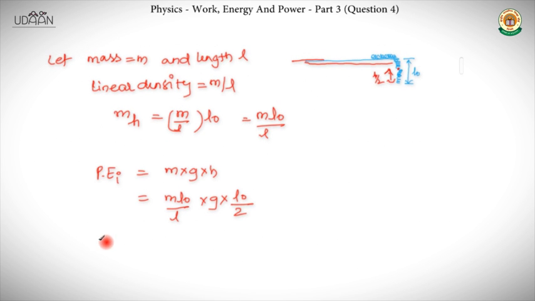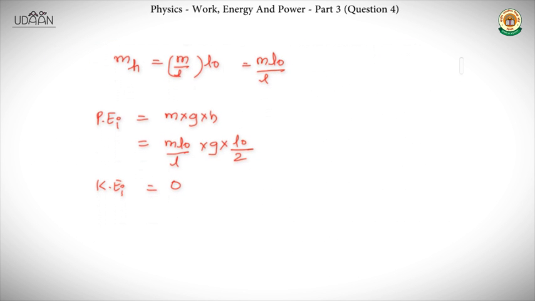The kinetic energy of the initial system is equal to 0, because initially it is held, and then at the final position it is set loose. So let us go for the final position. In the final position, let us assume the velocity when it is just falling is v, and the total length will be below the zero potential energy.